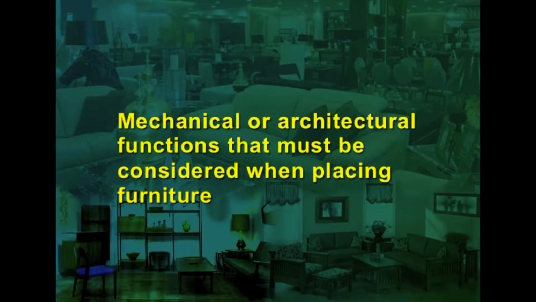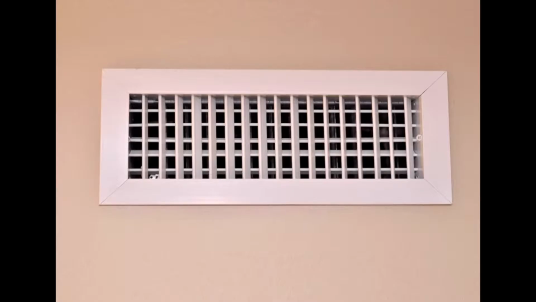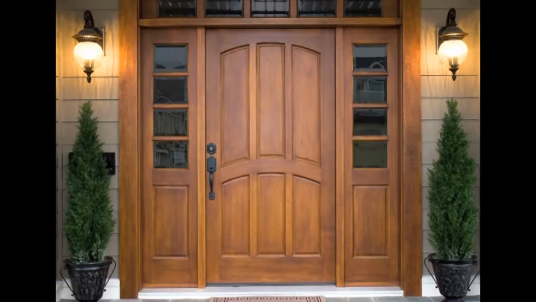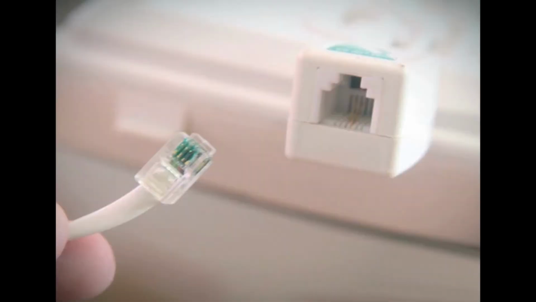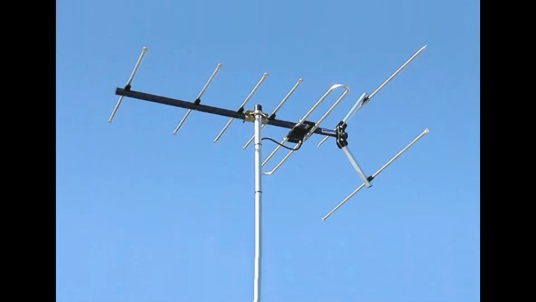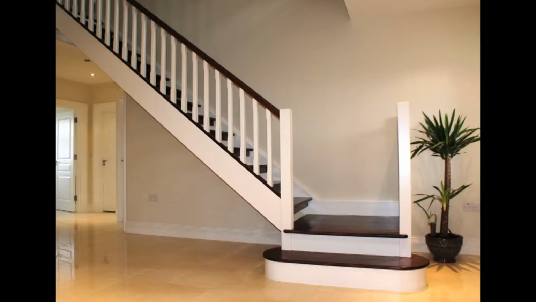A bedroom can serve as an office, dressing room, reading room, etc. Also, there are other aspects, mechanical or architectural functions, that must be considered when placing furniture: air circulation vents, doors, windows, electrical outlets, phone jacks, television cables or antenna lines, and stairs. All these should be considered while arranging the furniture.